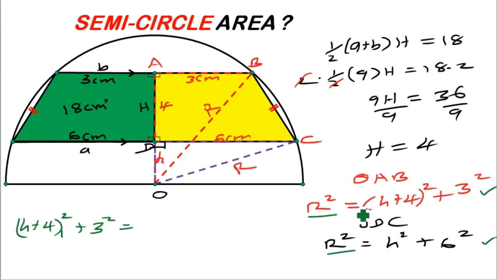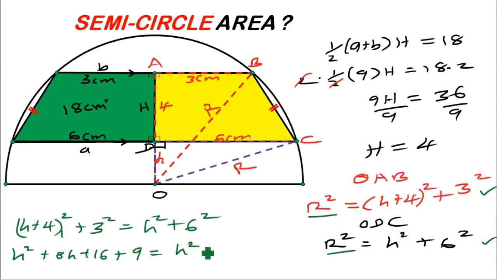This equation for r squared equals this equation for r squared, which is h squared plus 6 squared. So if you open this bracket, h plus 4 squared, that's a quadratic identity, you will get h squared, h times 4 is 4h times 2, that is plus 8h, plus 4 squared is 16, then plus 3 squared is 9, equals h squared plus 6 squared is 36.